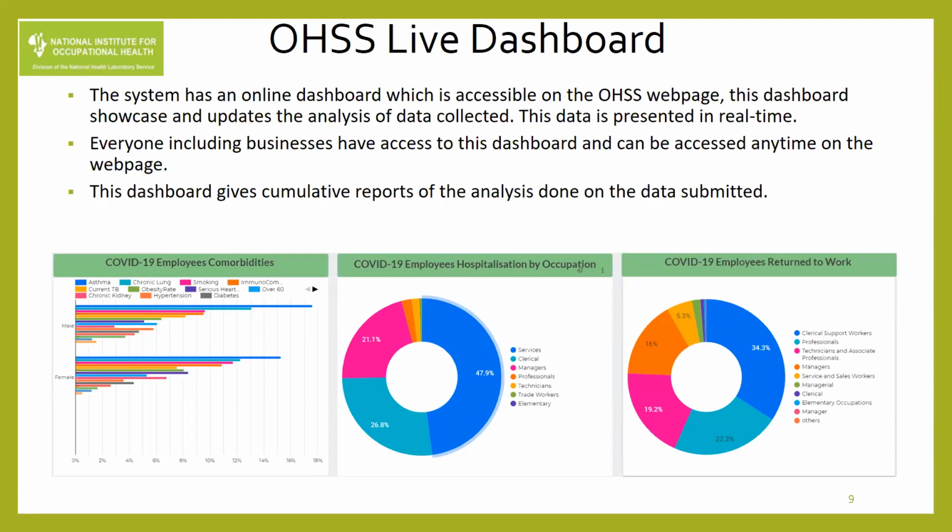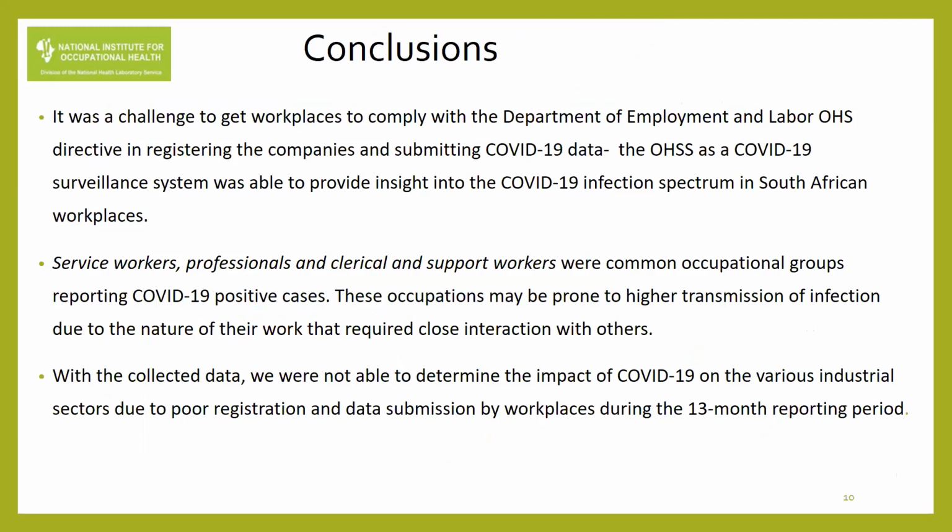So just to conclude, as I've indicated, we had a challenge with workplaces complying with the legal requirement of data submission, which was mandatory in the previous year. And also we had a lot of problems with incomplete data and inconsistent reporting.